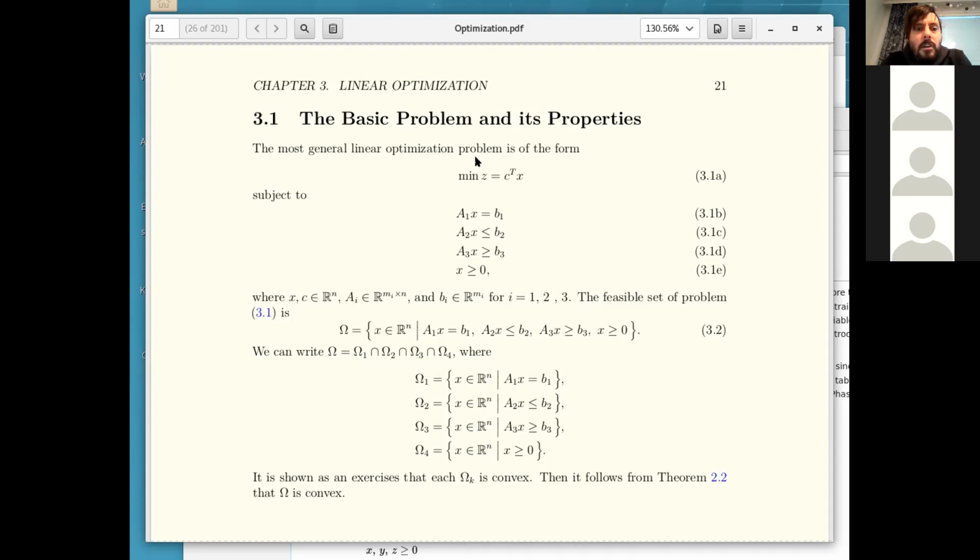And we assume that all of these constraints are linear, so that there are matrices A1, A2, and A3, and we can express this in such a way that A1 times X, and this is matrix multiplication, equals B1. This makes no sense if A1 has more rows than columns.